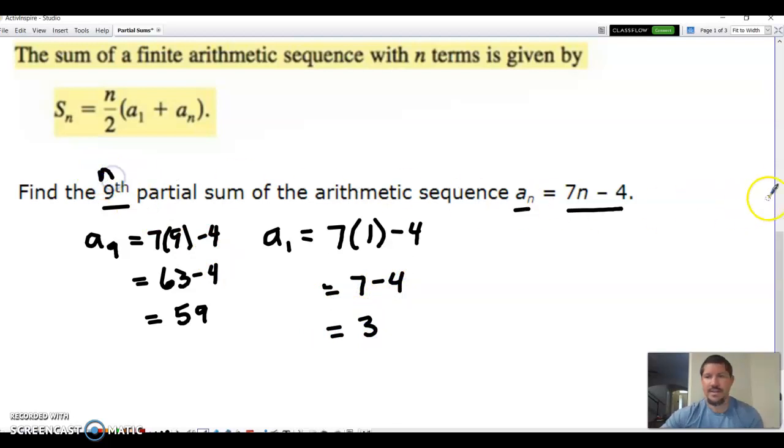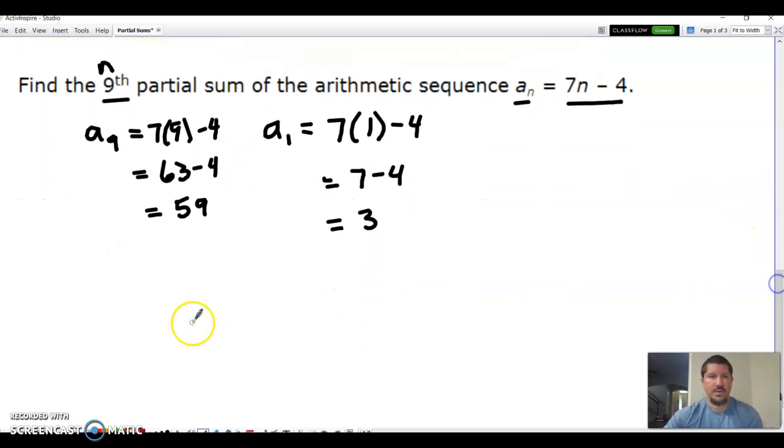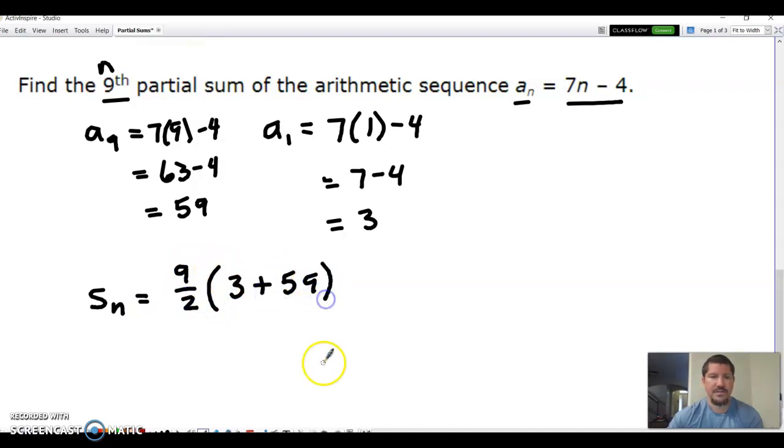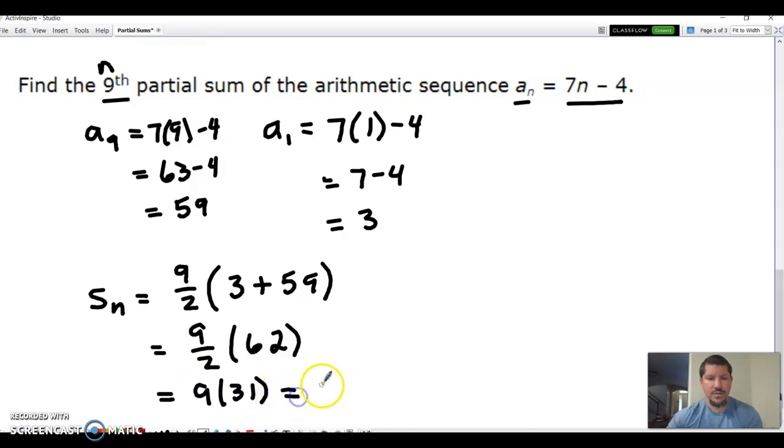This is my n. So that partial sum, s sub n, equals 9 over 2 times 3 plus 59. So that's 9 over 2 times 62. Well, 2 goes into 62 31 times, so it's 9 times 31, or 279.